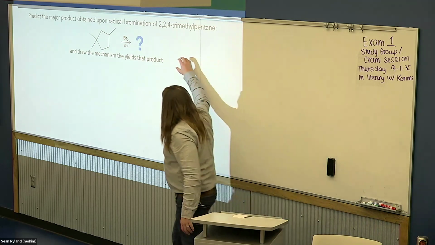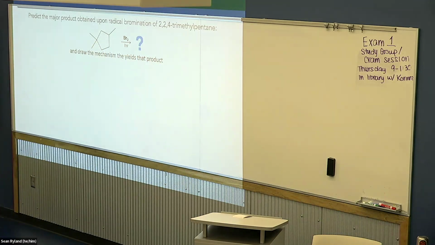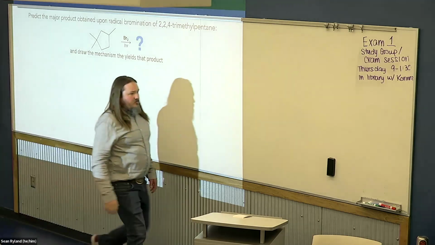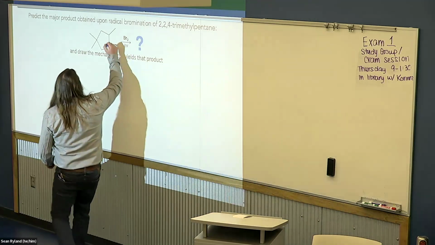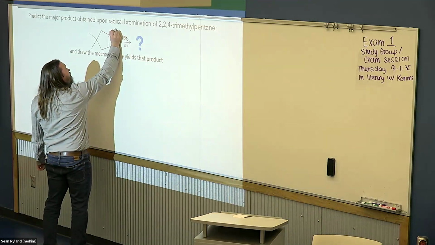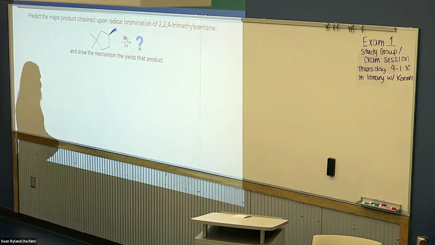So if we've got this molecule here, and I didn't specify when I drew this molecule, but let's assume that we're starting with this stereoisomer. This methyl's coming out of the board. So first off, what's the major product we're going to see?